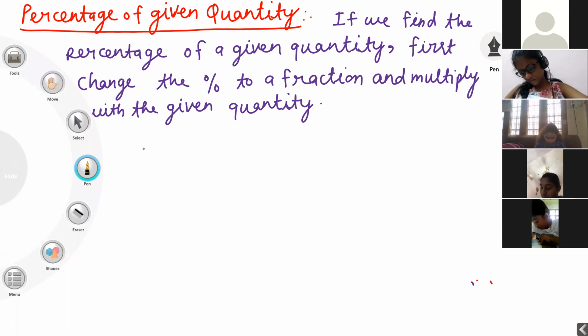If we find the percentage of a given quantity, first change the percentage to a fraction and multiply with the given quantity.